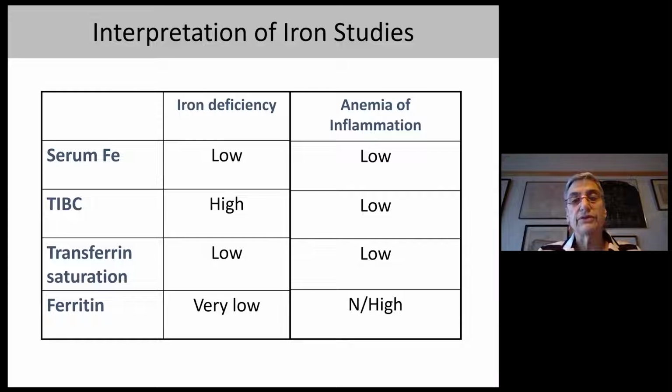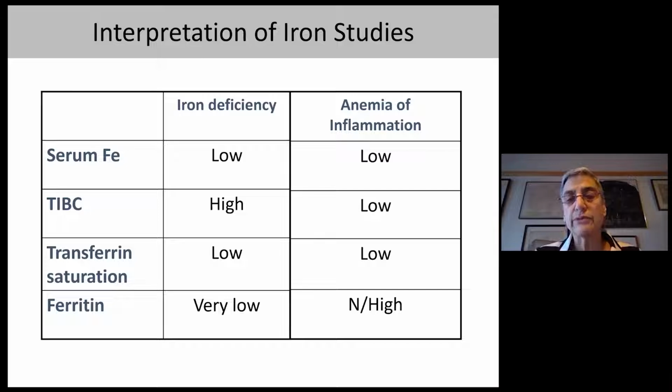So here's the interpretation of the iron studies, and the main purpose of this is to distinguish iron deficiency from the anemia of inflammation. In the anemia of inflammation, you get elevation of the hormone hepcidin, which immediately lowers the serum iron. So the serum iron is not terribly helpful.